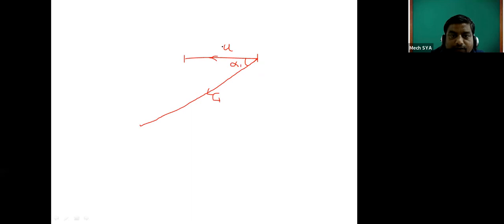This is the blade velocity component. Now between this U and this C1 there is some relative velocity difference, which we denote by CR1. This CR1 makes an angle with the same U direction, the tangential direction to the blade, which we call the blade angle at inlet. It is called beta 1.